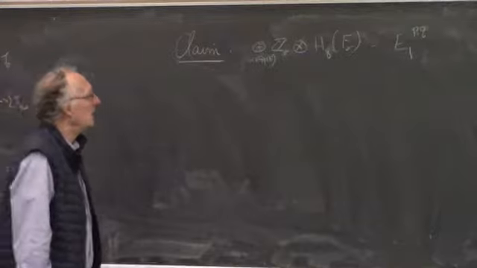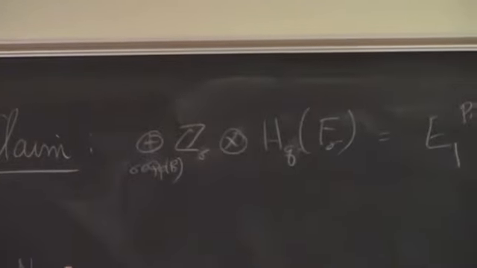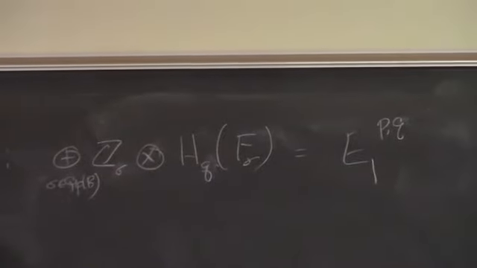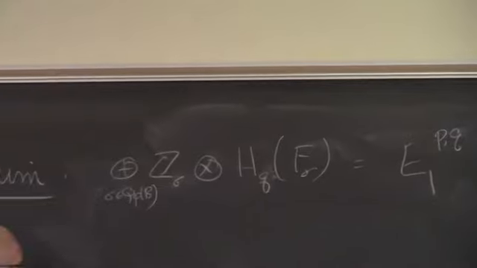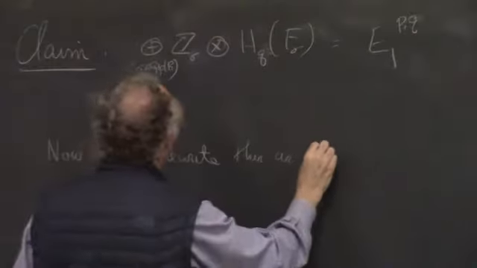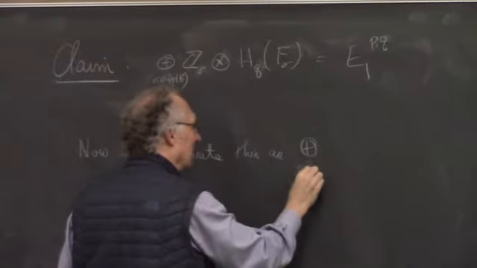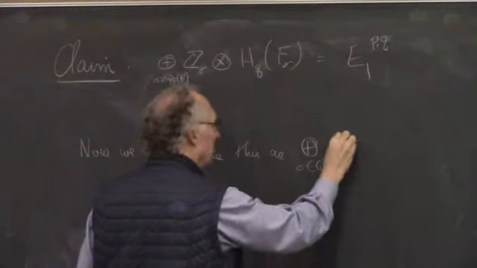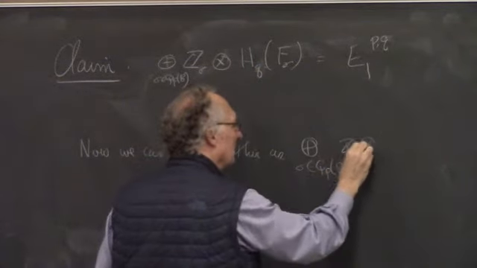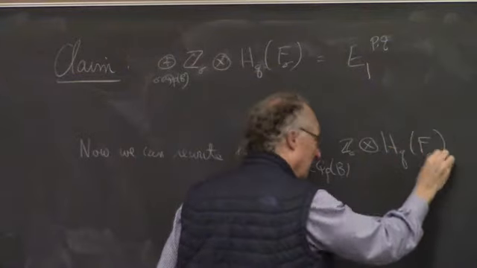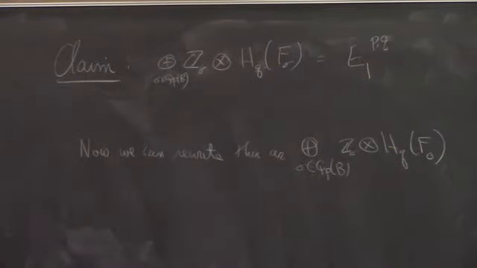Now your fiber is independent. Yeah, so now we can rewrite, under our assumption about the action of the fundamental group, this as a direct sum over sigma of dimension P of this fixed fiber F naught.